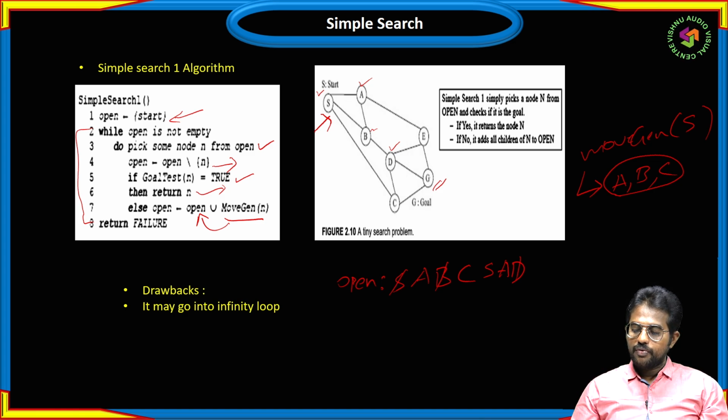Then I will check the goal test condition on D. The goal test condition on D is false because it is not a goal node.